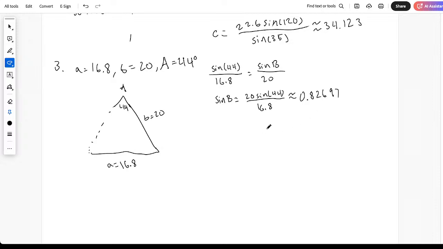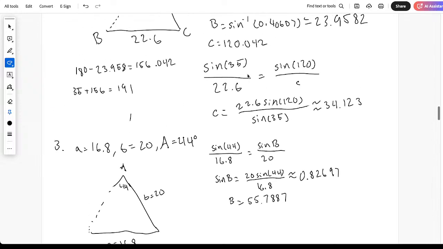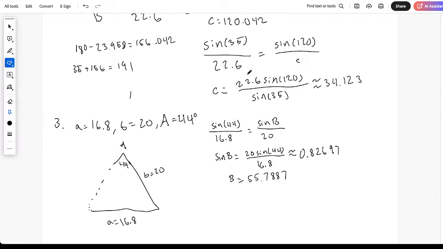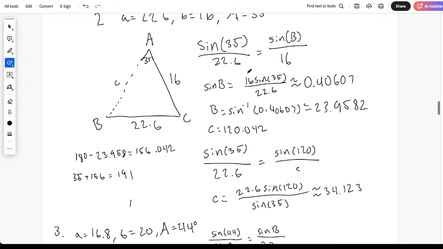Okay, B. So that's angle B rounded, and then from there we minused that, right?